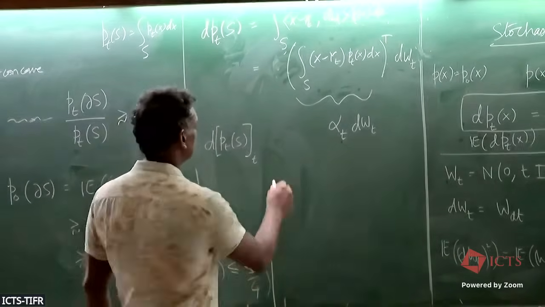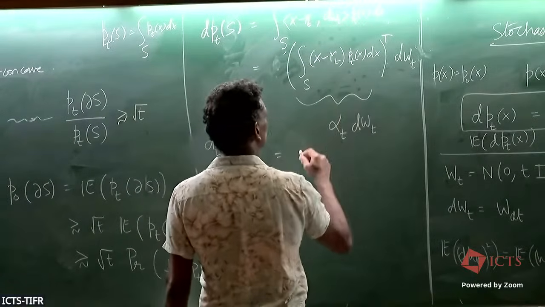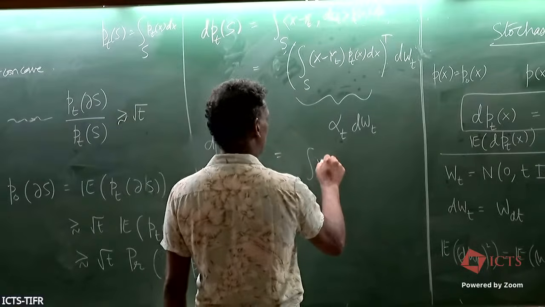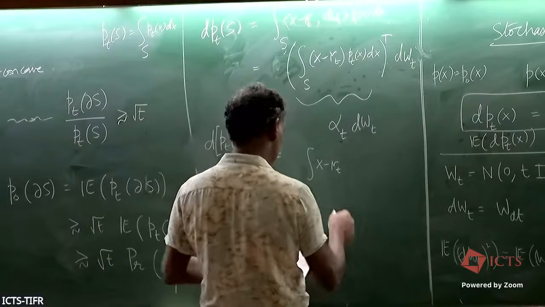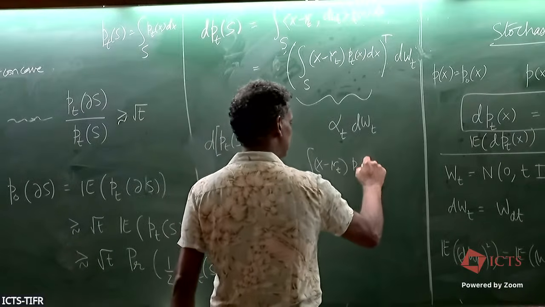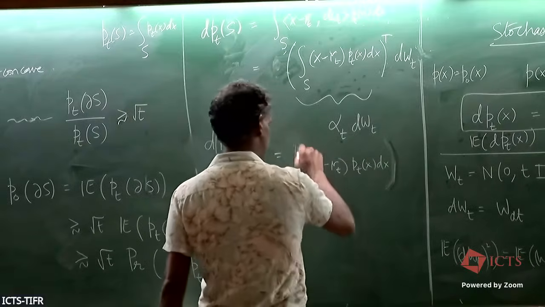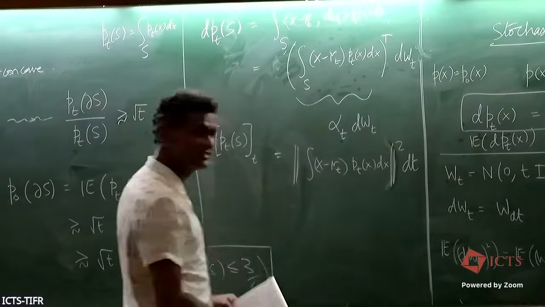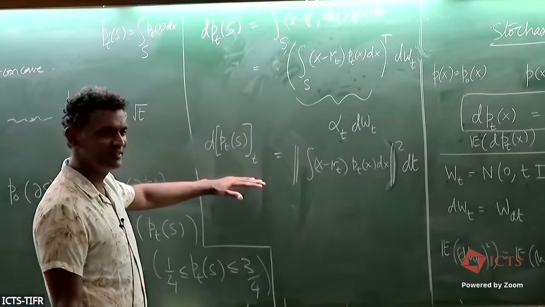In this case, this would be this term times its transpose. So the integral of x minus mu t, pt of x, length squared dt. This is what we get from the Ito lemma if we do it carefully here.